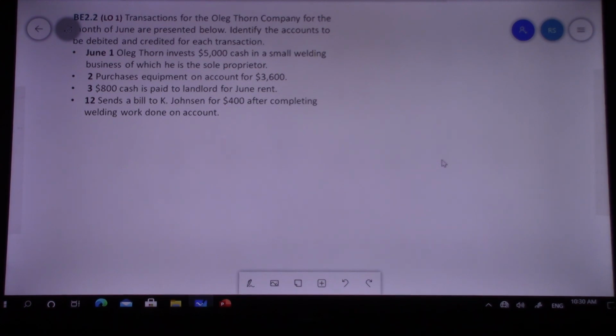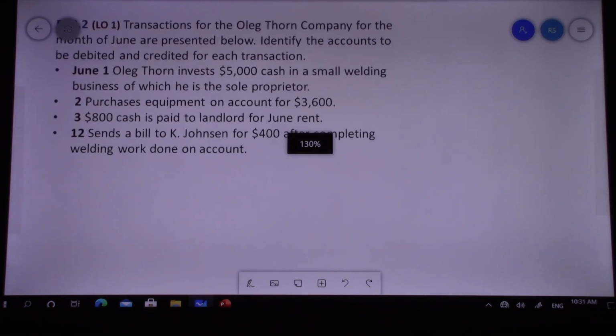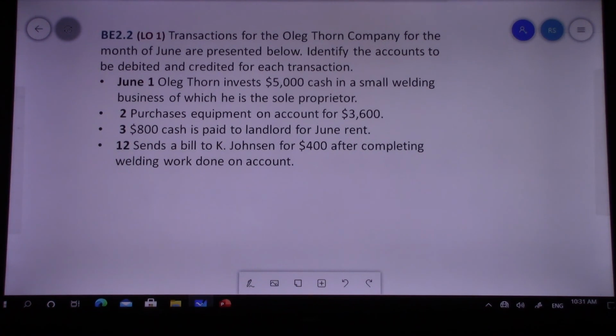Brief exercise 2-2. Transactions for Allingthorne Company for the month of June are presented below.